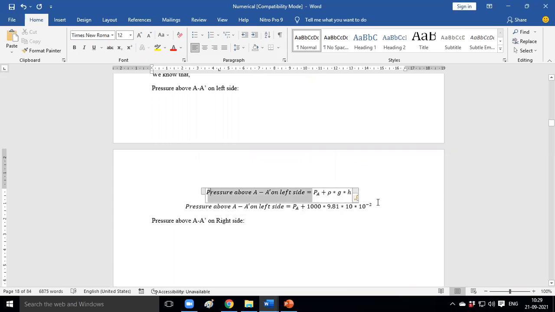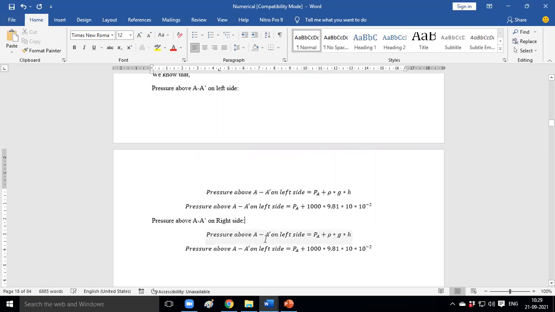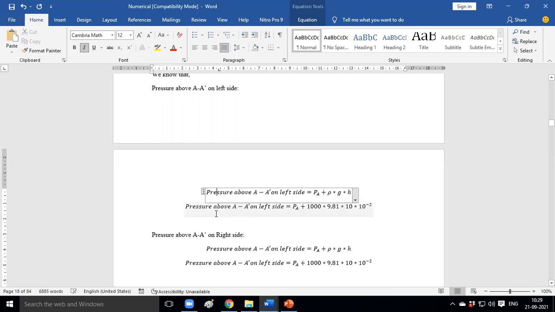The equation is again very similar. You can do the calculation, tell me the values. I will write the next equation. 981.